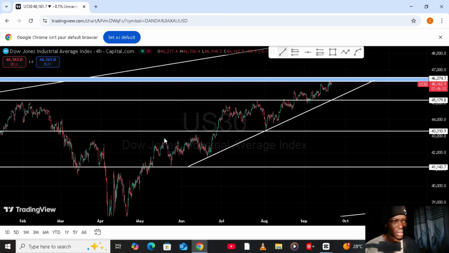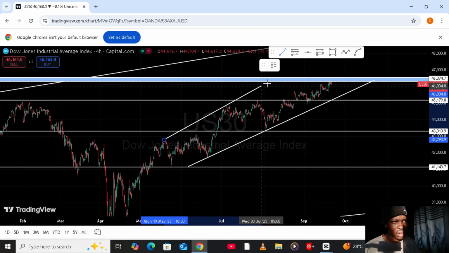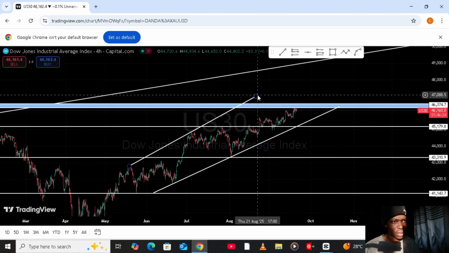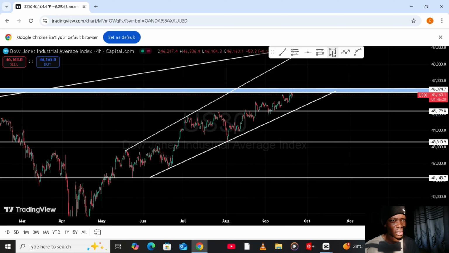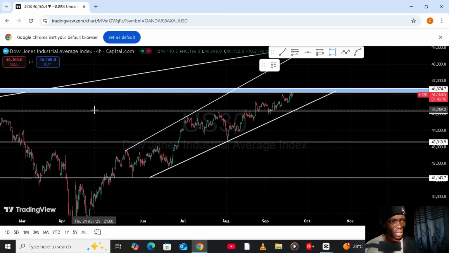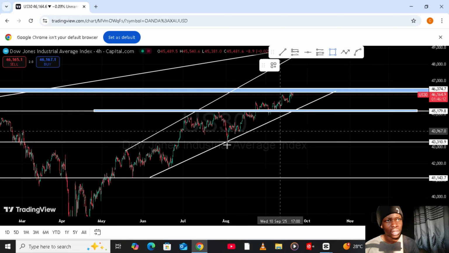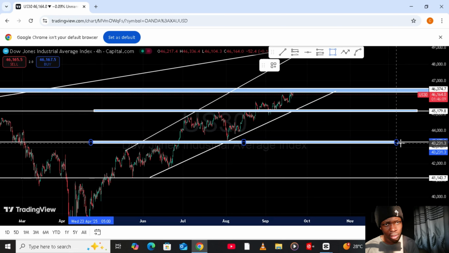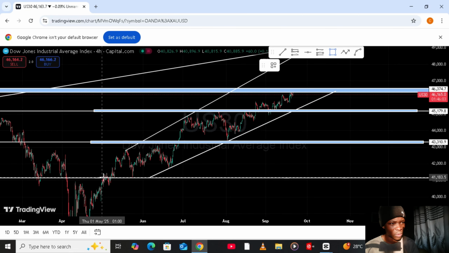This one is right. And then from this high right here, just draw a line going like this. Not to be confused, this is our support, and this is our other support, and this is our other support.